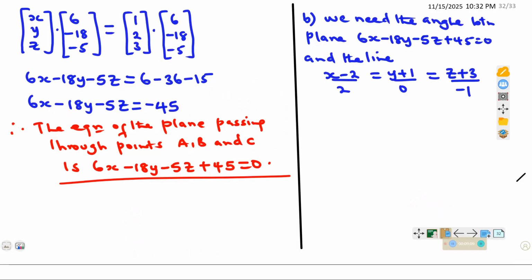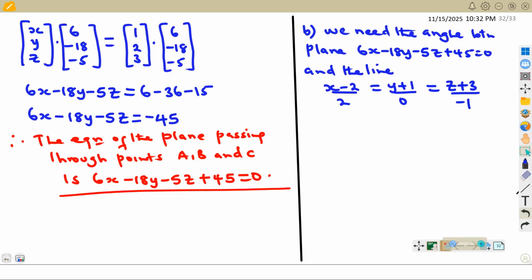Let us see how we get the angle between a line and a plane. The angle can be easily obtained if you have d, which represents the direction vector of the line, and n, which represents the normal vector of the plane.